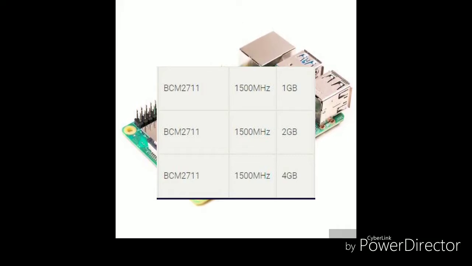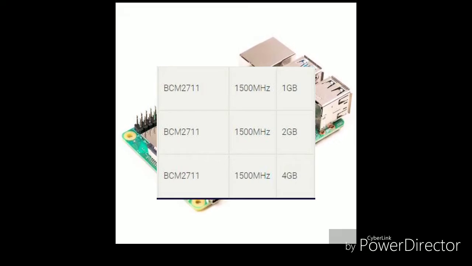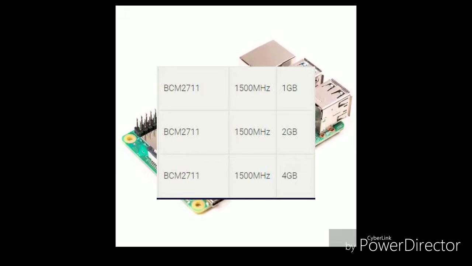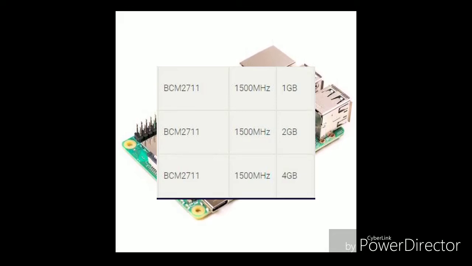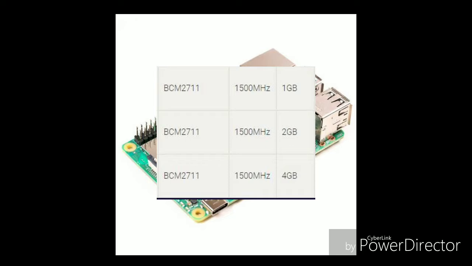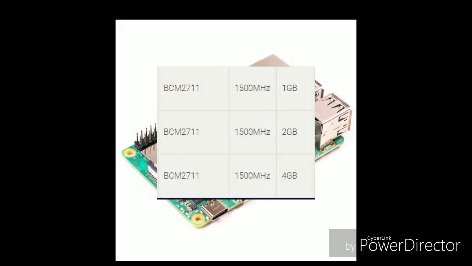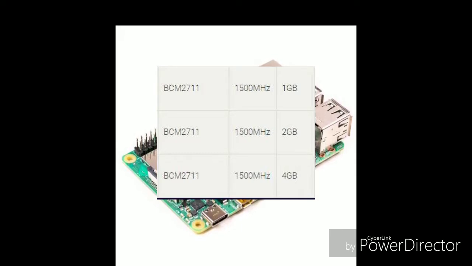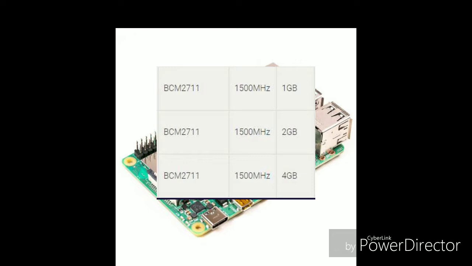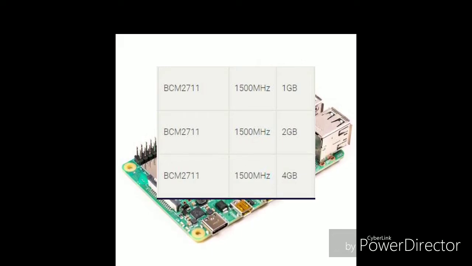The Raspberry Pi 4 is the most powerful Raspberry Pi released because it has a processor of BCM2711 and RAM from 1 GB up to 4 GB and a speed of 1500 MHz. The Raspberry Pi 4 is much improved over the other Raspberry Pi versions. So that is the Raspberry Pi versions comparison of speeds.